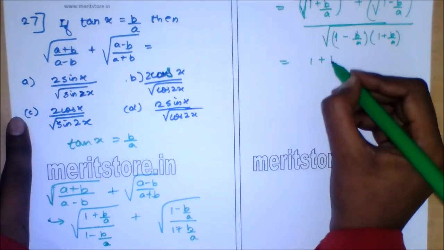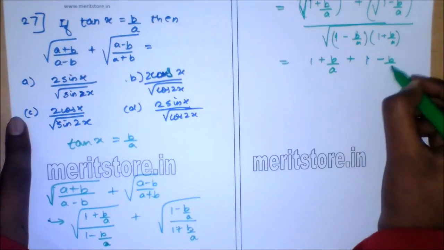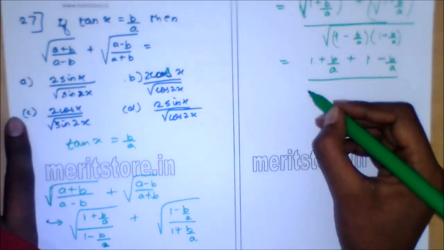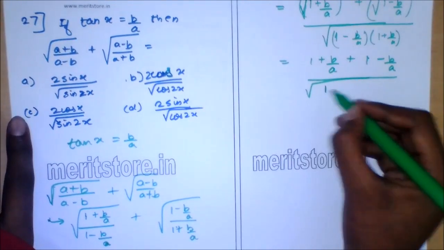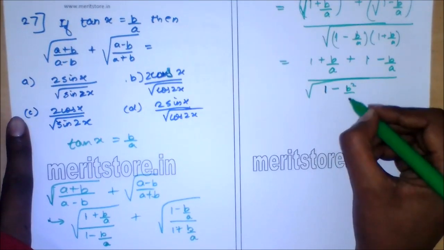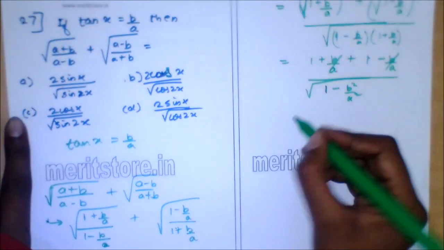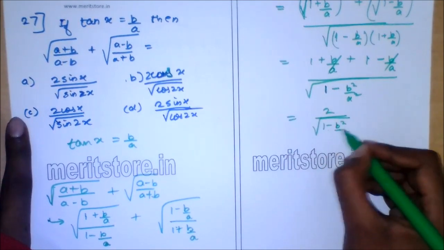So this is 1 plus b by a plus 1 minus b by a upon root of a square. This is in the form of (a plus b)(a minus b), so this is a square minus b square, that is 1 minus b square upon a square. This term gets cancelled, so we are left with 2 upon root of 1 minus b square upon a square.